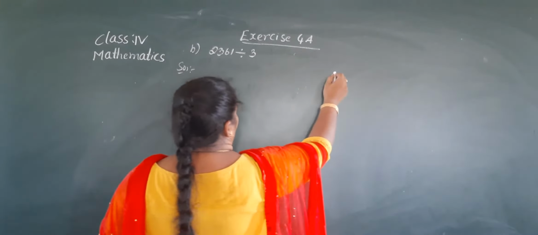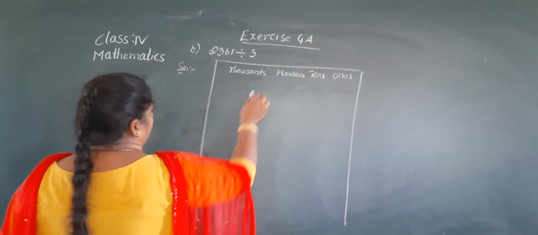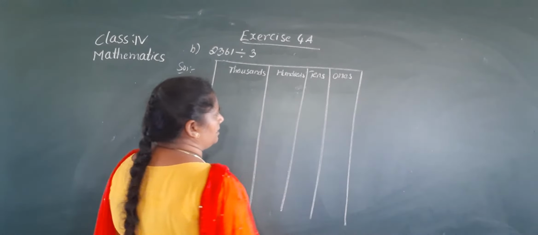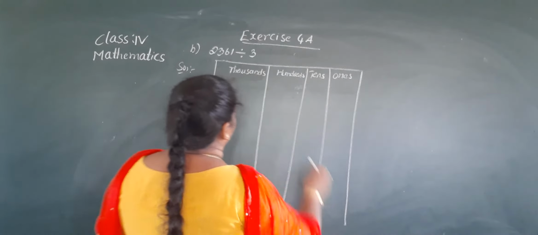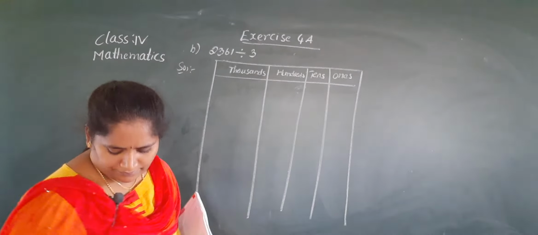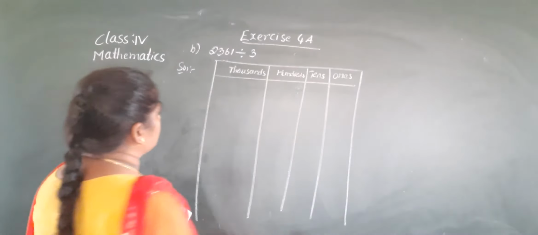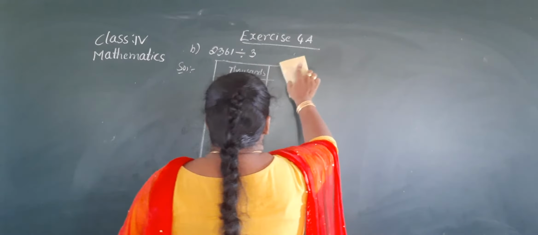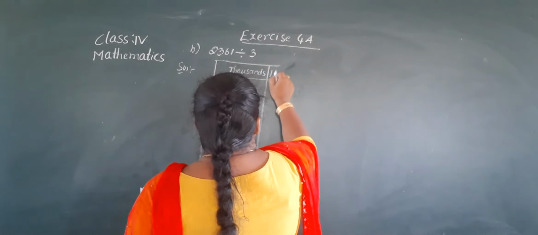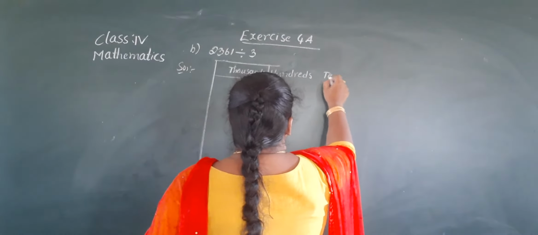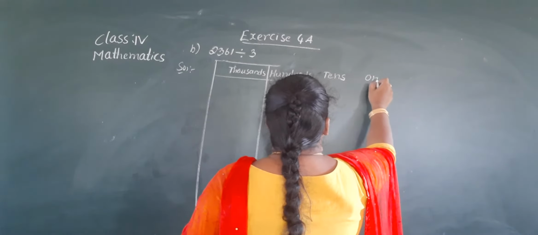Now make the table columns. Draw the lines with pencil by using a scale. I think the space is not enough to draw the dots. So hundreds, tens, ones.